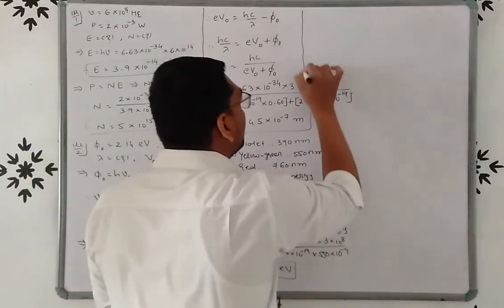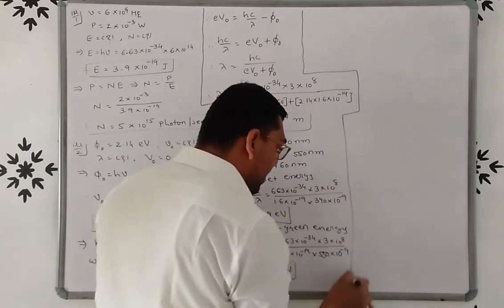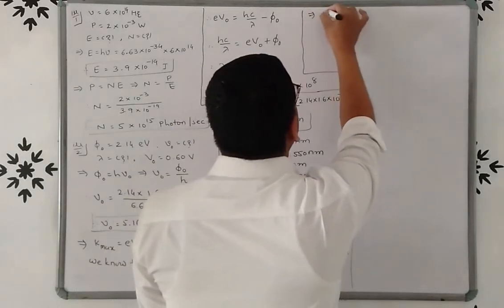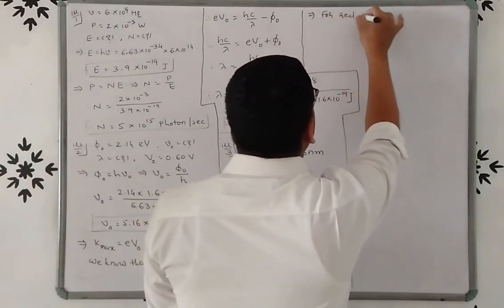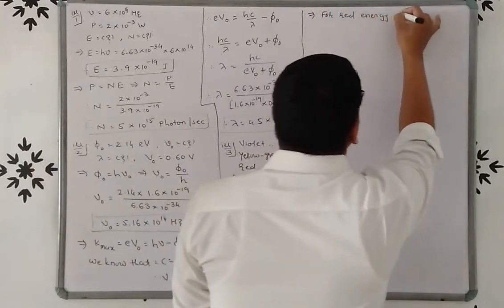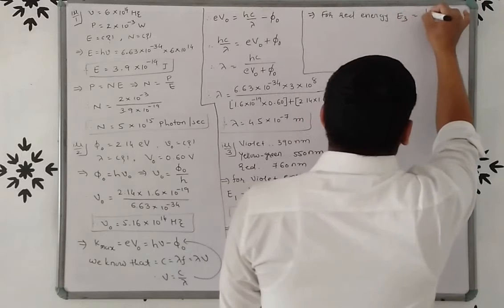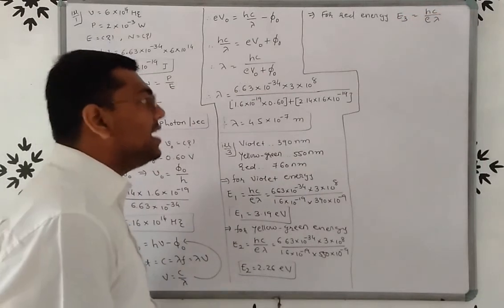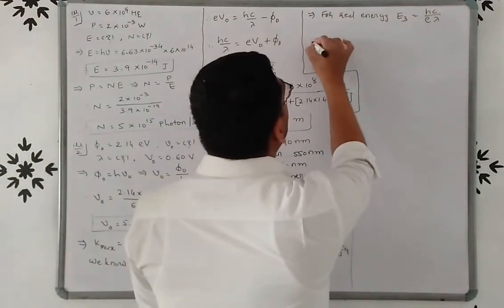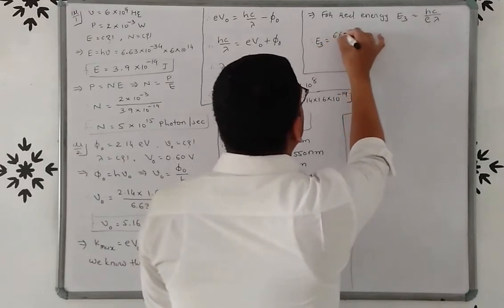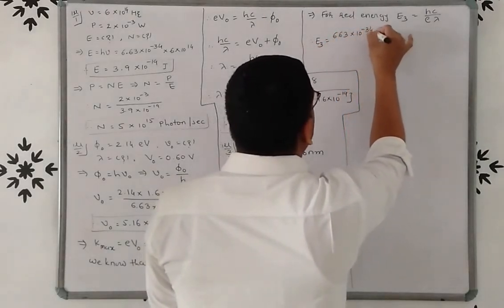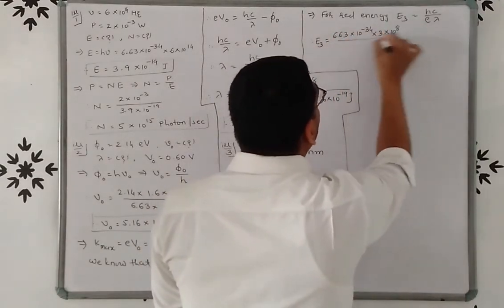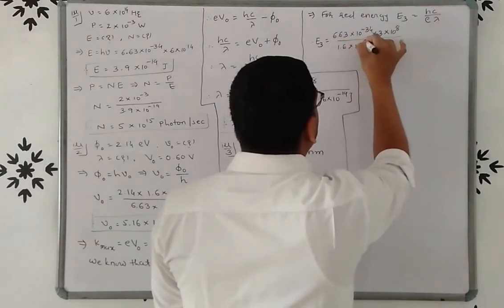Now friends, we have to find out the energy for red. So for red color, energy will be E3, that is equal to hc by lambda. But to convert it into eV, we have to divide it by e. So E3 is equal to h, 6.63 into 10 raised to minus 34, into c, 3 into 10 raised to 8, divided by e, 1.6 into 10 raised to minus 19.